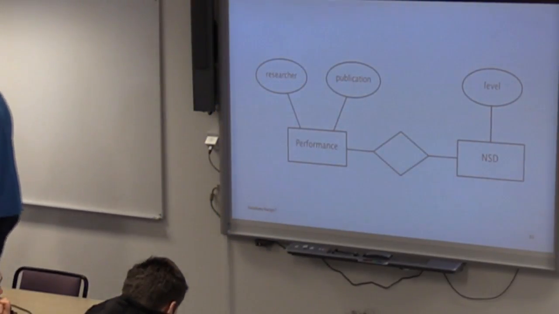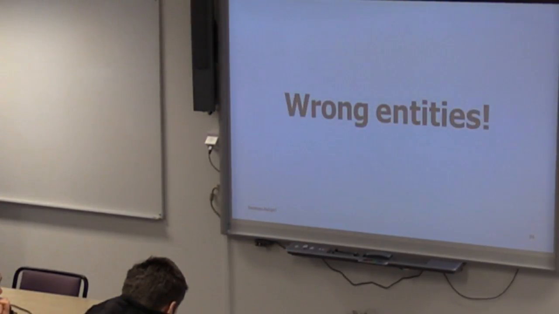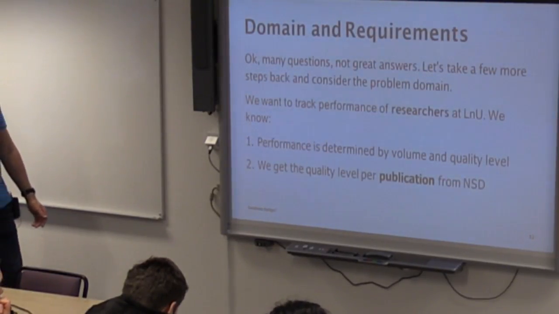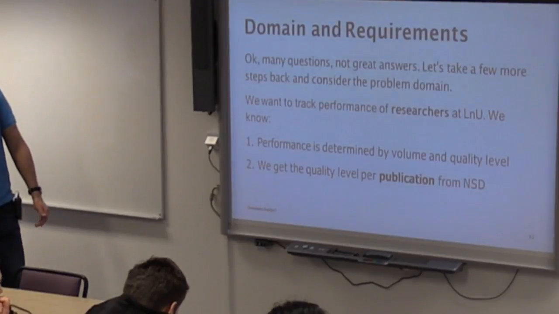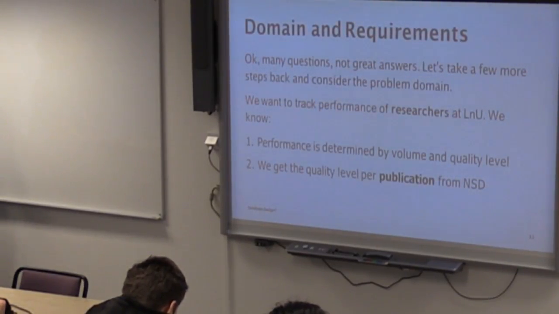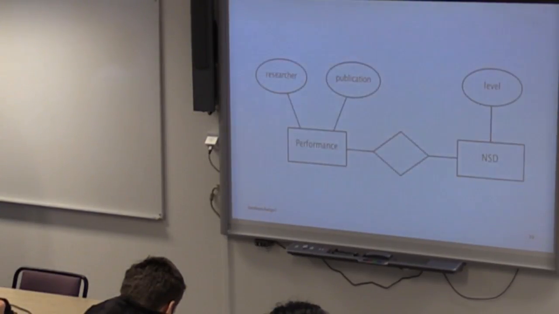So that might not be correct here. Let's see what happens here. Okay, that might be not so good. So that performance thing is probably something that is not so good at this point. We are actually talking about publications instead. If you go back, have a look at that. The publications, the research, and the performance, well, might not actually be what we're looking for here.